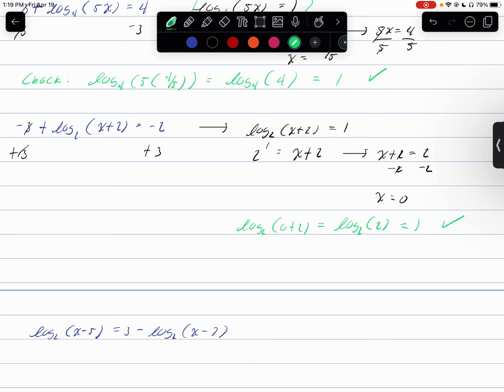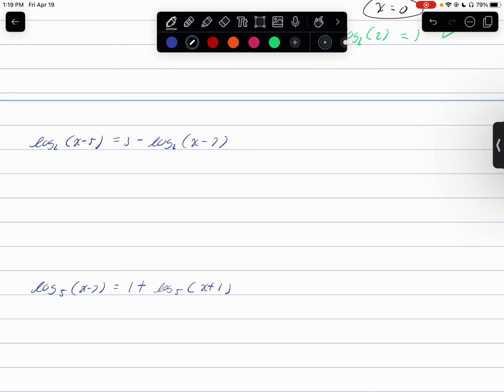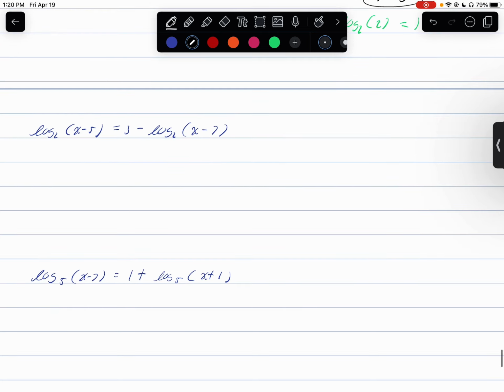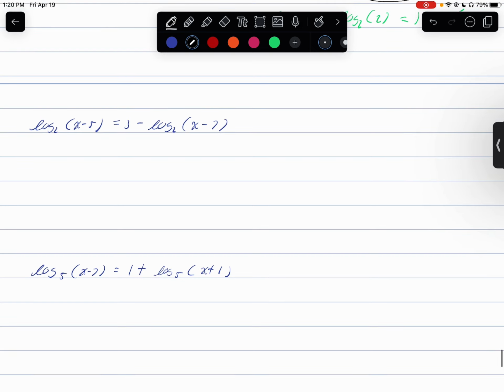Now we have log base 2 of x minus 5 is equal to 3 minus log base 2 of x minus 7. Well, let's see what we have here. The way we're going to do this is we're probably going to need to use the quotient or product rule.